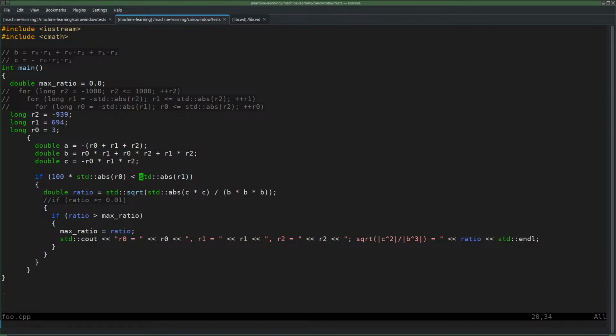Yes, totally. So we should get here. Whatever the ratio is, it's not going to be 0. Don't tell me it's going to be 0. No, this is not 0. Oh, wait a minute. It's going to be not a number because I have this bracket wrong.